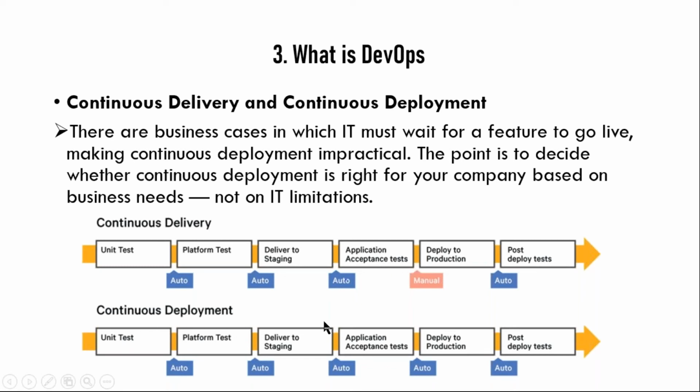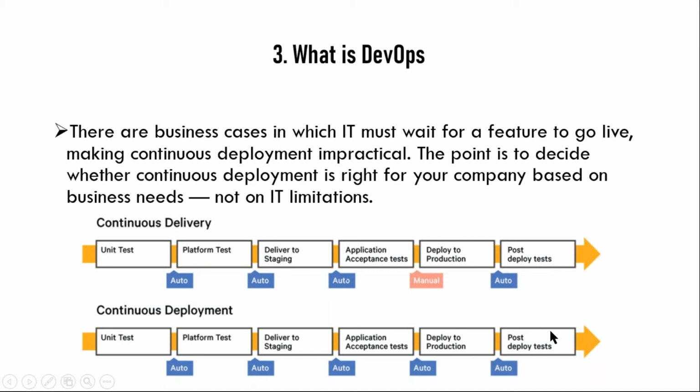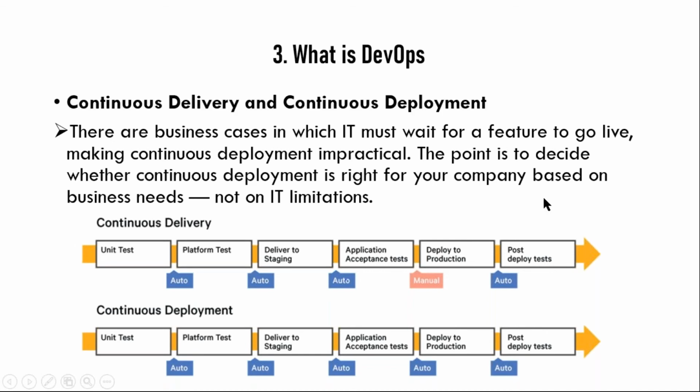Continuous deployment is not recommended for such kinds of software development, so the first model will be implemented for those projects. The second model will be implemented for e-commerce kinds of projects, where it is required to deliver very fast to the customer live. That is the difference between continuous delivery and continuous deployment.